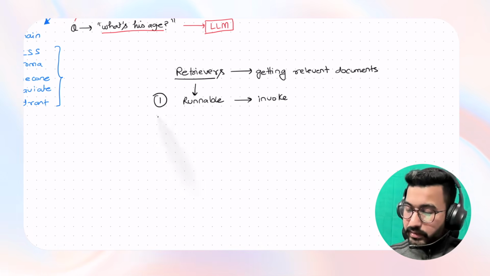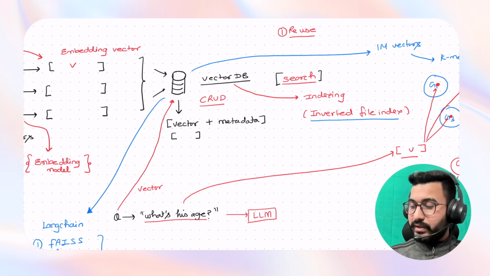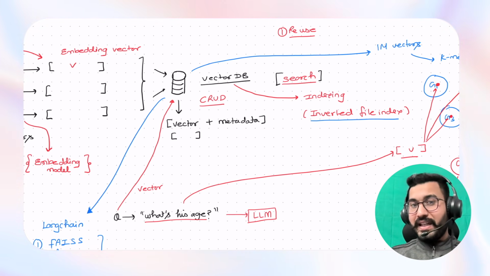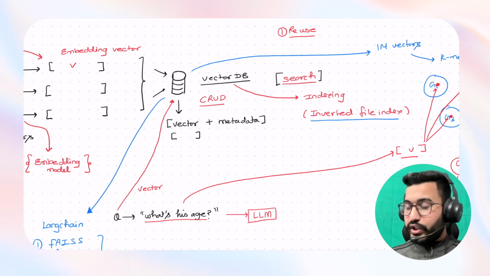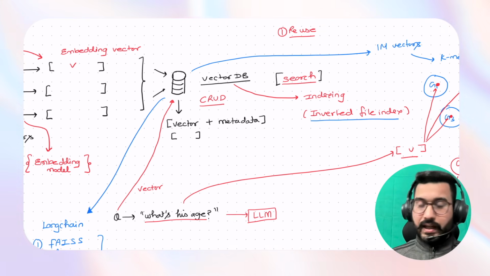Second advantage is that retrieval also comes with strategies. Using the similarity search provided by the vector database, you don't get the flexibility to decide what kind of searching methodology or retrieval strategy you want to use while doing this task.